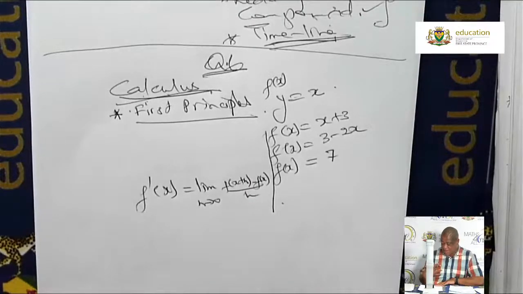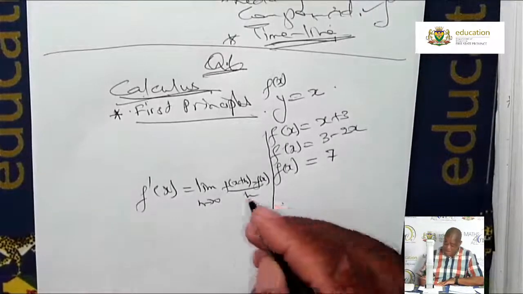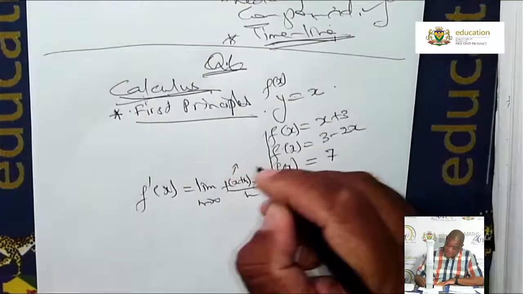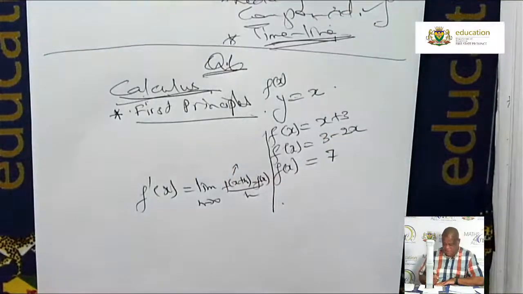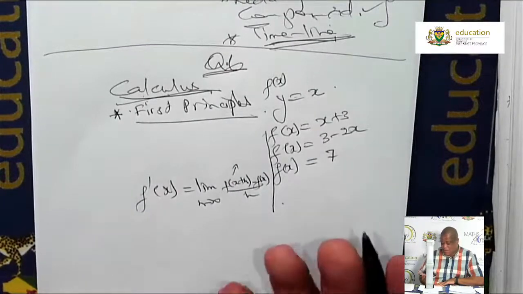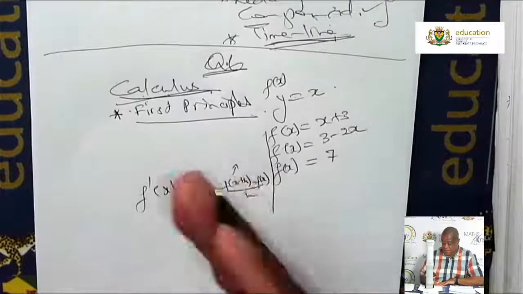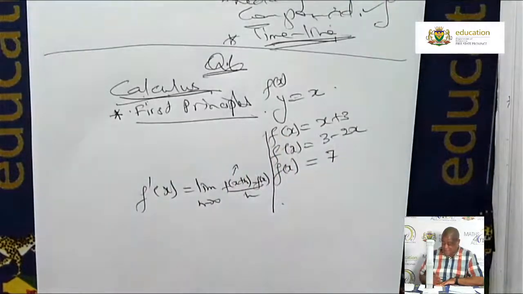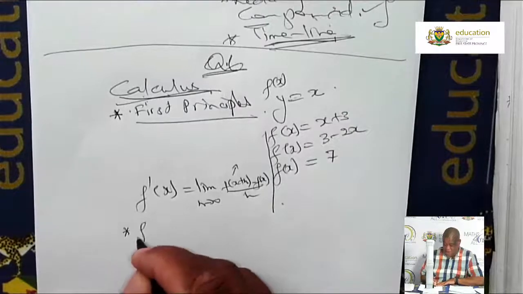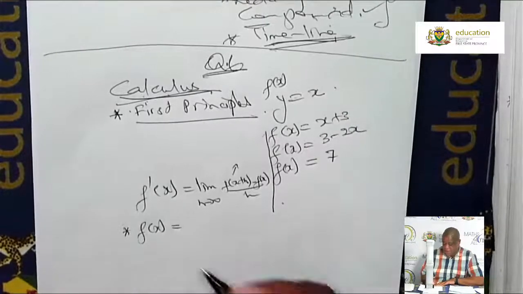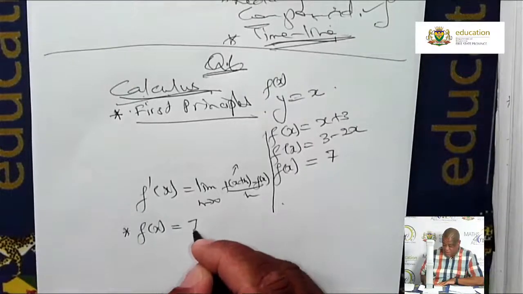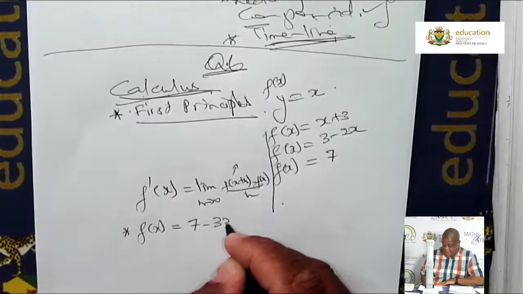But what is key for our learners is to be able to find f of x plus h from the given function, because that's where it confuses us. So we normally say work it out separately. Let's assume our question is f of x equal to 7 minus 3x.